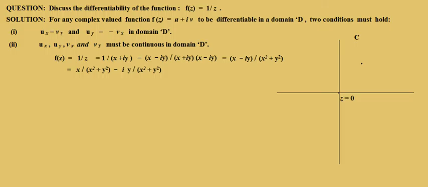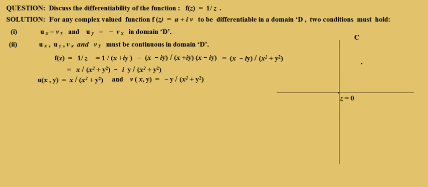Clearly its real part is x upon (x² + y²), and imaginary part is -y upon (x² + y²). Let us denote the real part by u and imaginary part by v. So u = x/(x² + y²), and v = -y/(x² + y²).